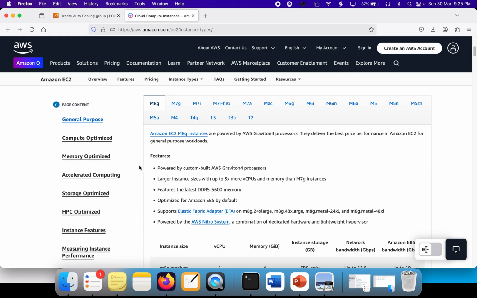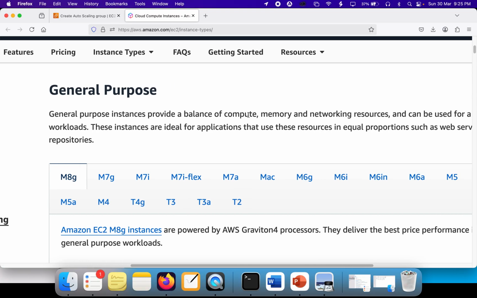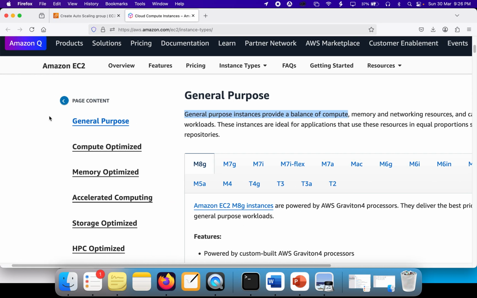Okay, so the first one is general purpose. These instances can be used for various purposes, right? So what is general purpose? General purpose instances provide balanced compute. These kinds of instances can be selected based on your application type. If your application has balanced compute, memory and networking resources, everything being balanced, it's a kind of normal application.